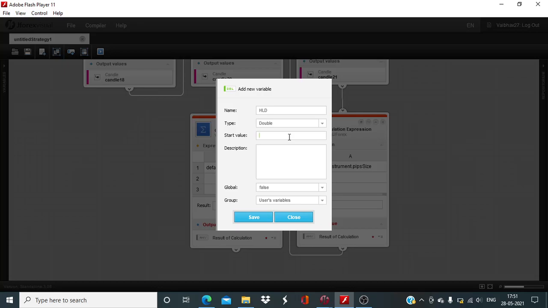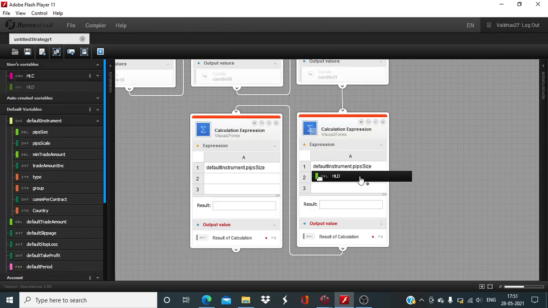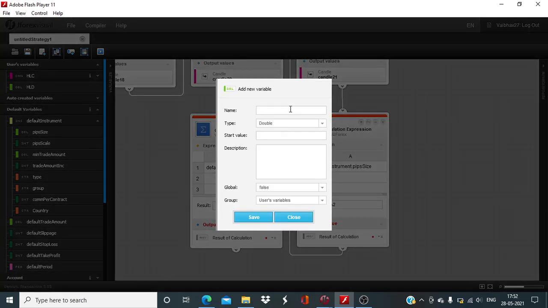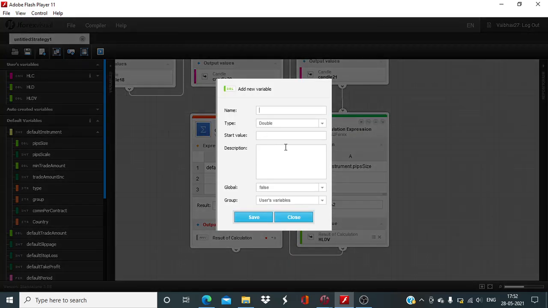It is going to be 20, and calculation will be A1 into A2, and one more new variable needs to be created with the value of 7.